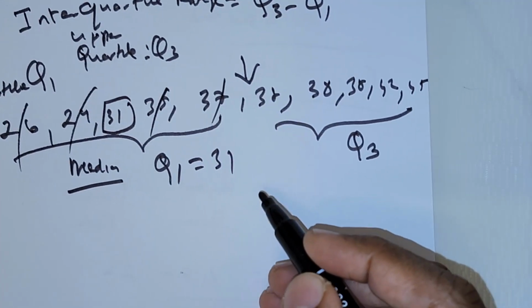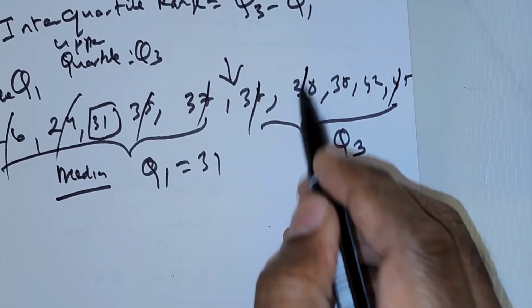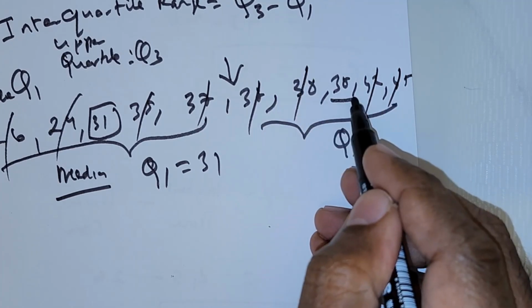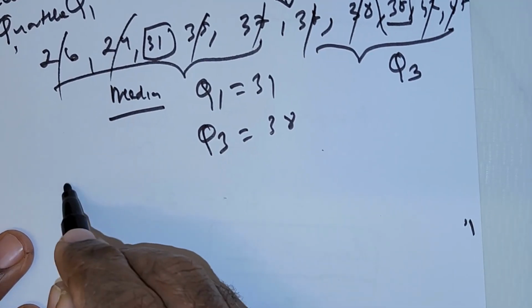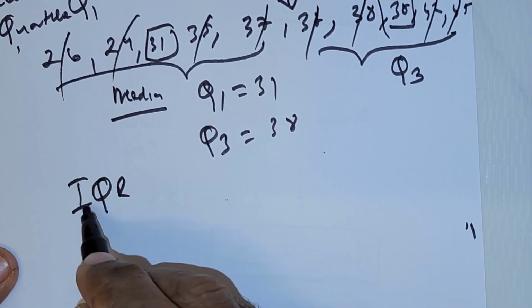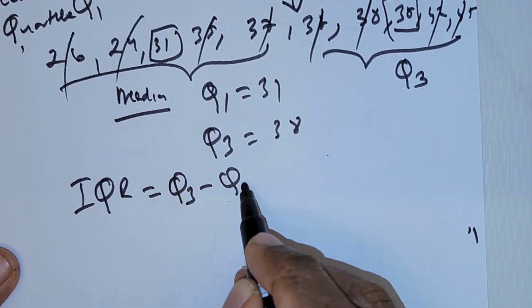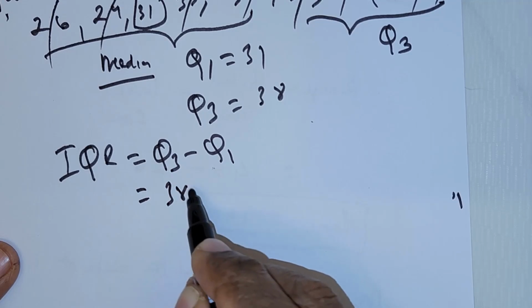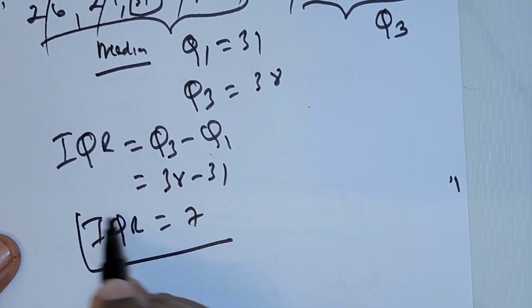So Q1 will be 31. Similarly, get Q3, first versus last, second versus second last, and we have 38. So Q3 is 38. So therefore interquartile range, which is represented as IQR, is given as Q3 negative Q1, which is 38 negative 31, which is equal to 7. So this is the IQR value.